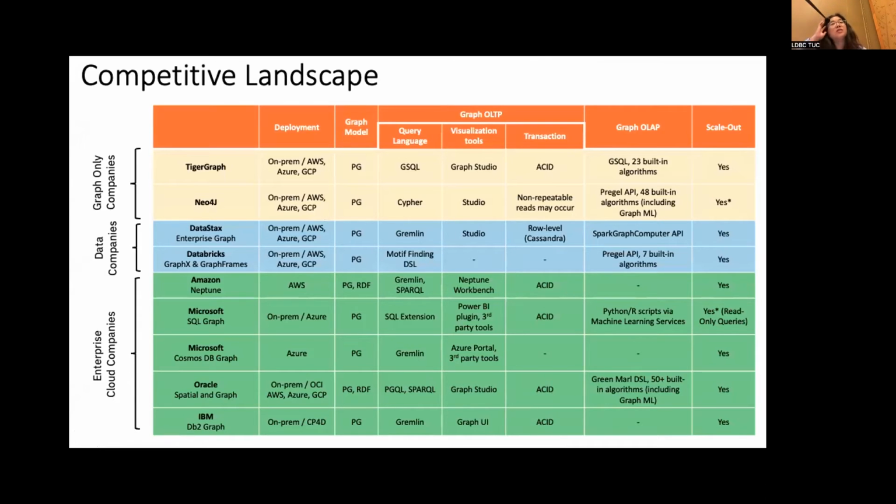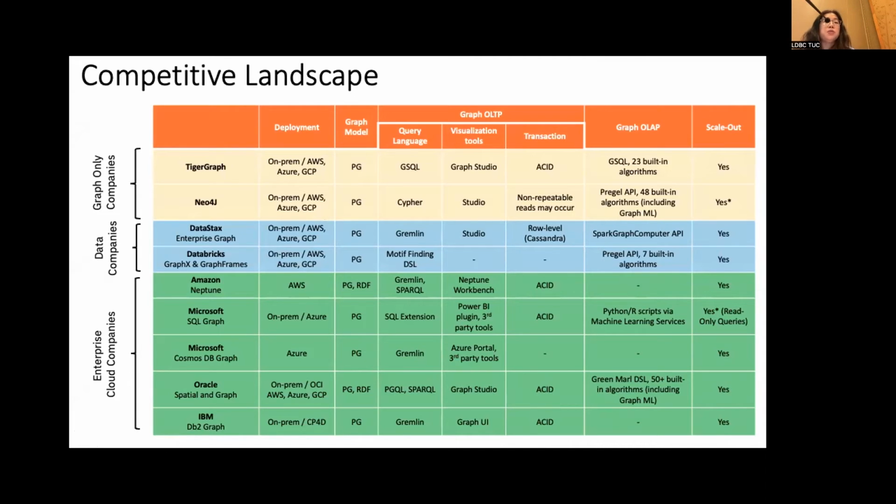So move on. As a result, I cannot possibly list all the graph offerings in the market today. So I'll highlight some of the major offerings in 3 categories: graph-only vendors, major data companies with graph support, and enterprise cloud companies with built-in graph support.